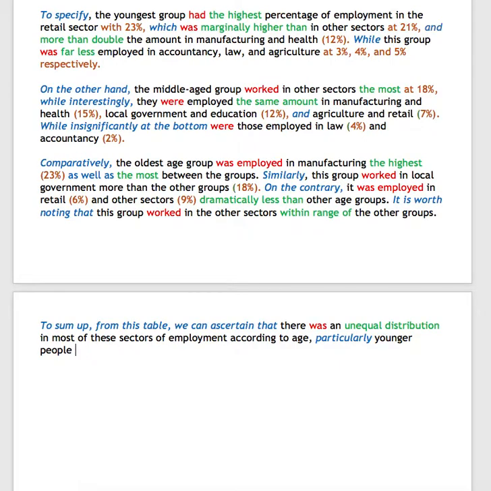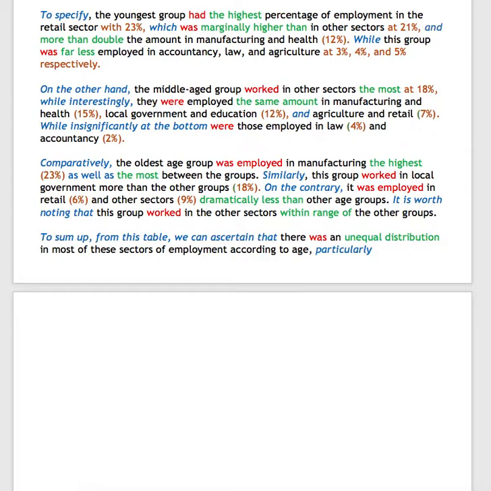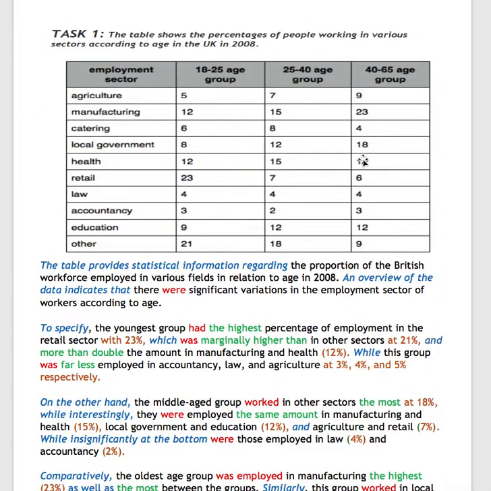Well, unequal distribution, let's say the actual sectors. I would say there's an unequal distribution in retail, manufacturing, local. So retail, other sectors, manufacturing. So it means they're not very equally distributed here. Okay?